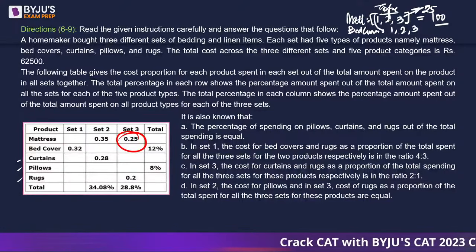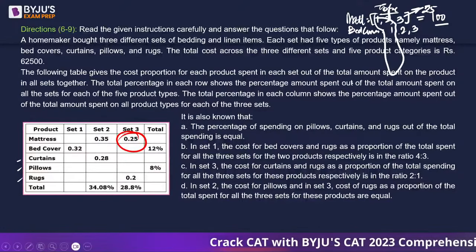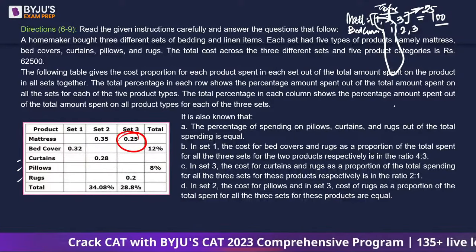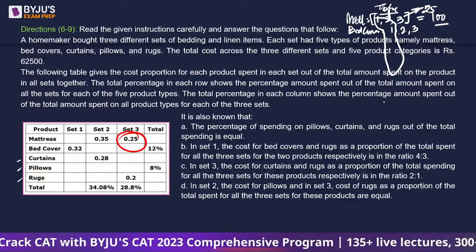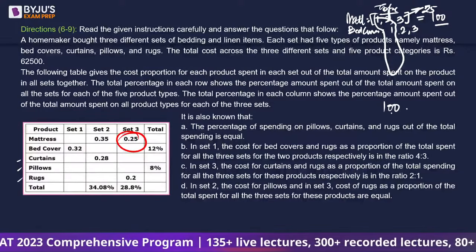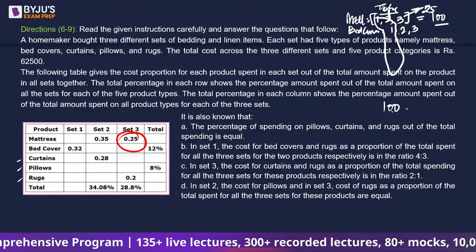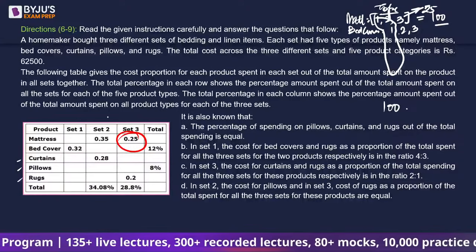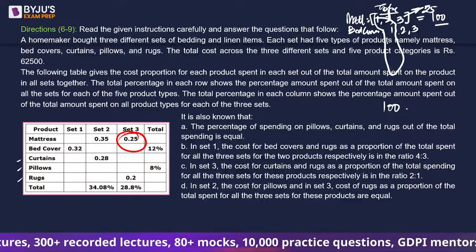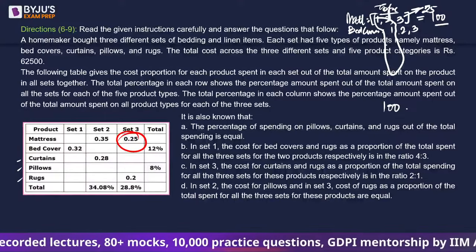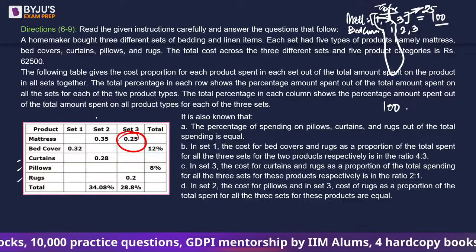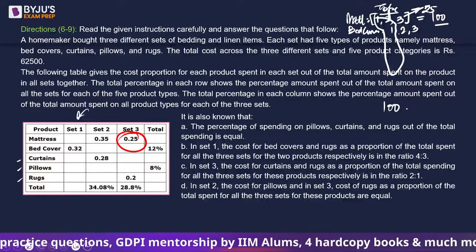Now, if I look at only type 1 category, how much was spent on the small ones, out of 100, suppose if I spent 100 rupees over here, some percentage of that 100 rupees I have spent as bed cover, right? So the total spending is percentage wise set wise.